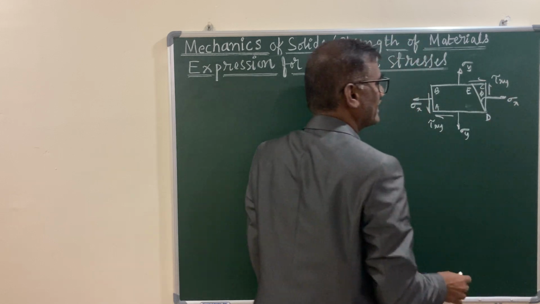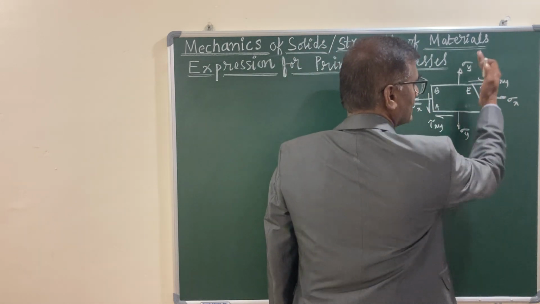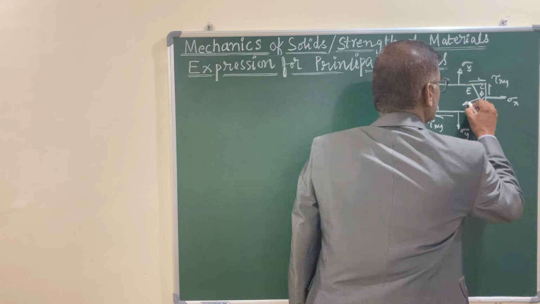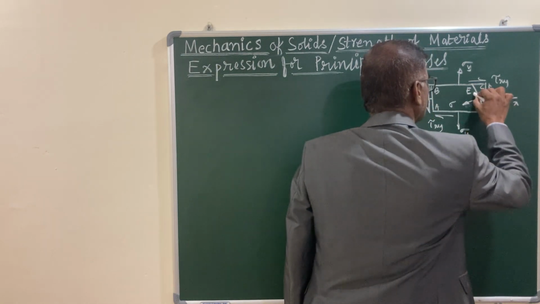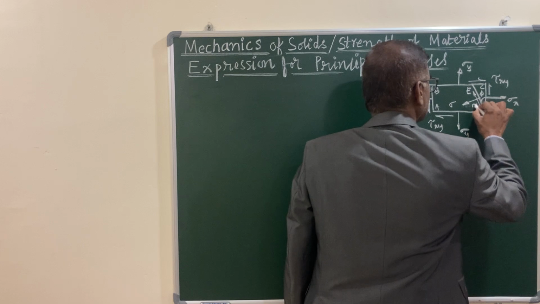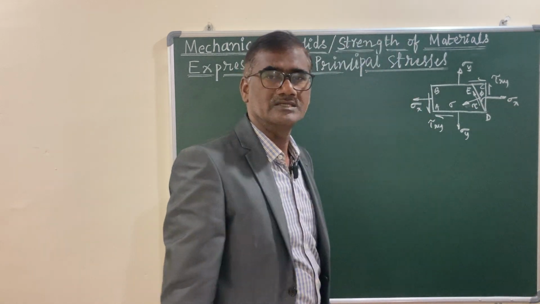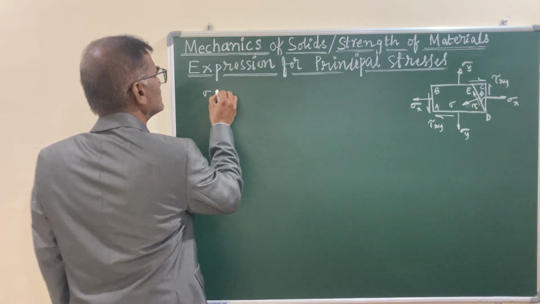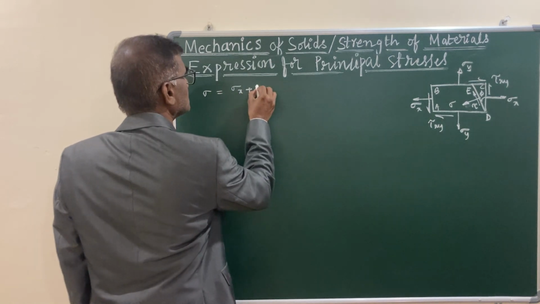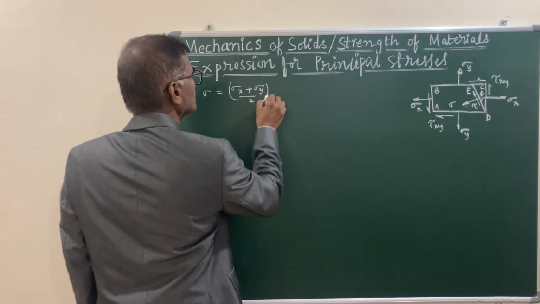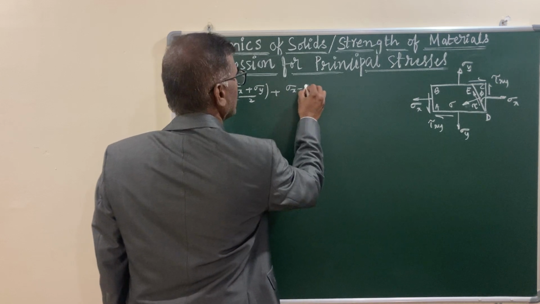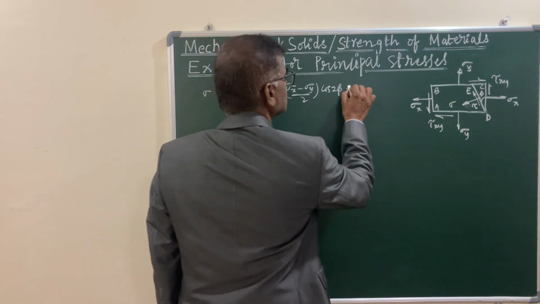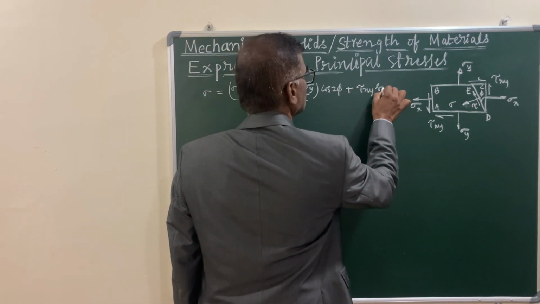DE is a plane at an angle phi with the vertical line CD, and we want to recall the expression that we have derived in the previous lecture, that is the expression for sigma as well as tau. Let us recall that expression. Sigma is equal to sigma x plus sigma y by 2 plus sigma x minus sigma y by 2 into cos 2 phi plus tau xy sin 2 phi.